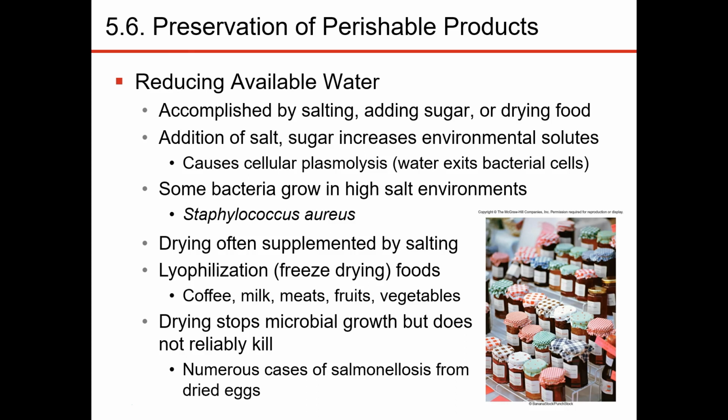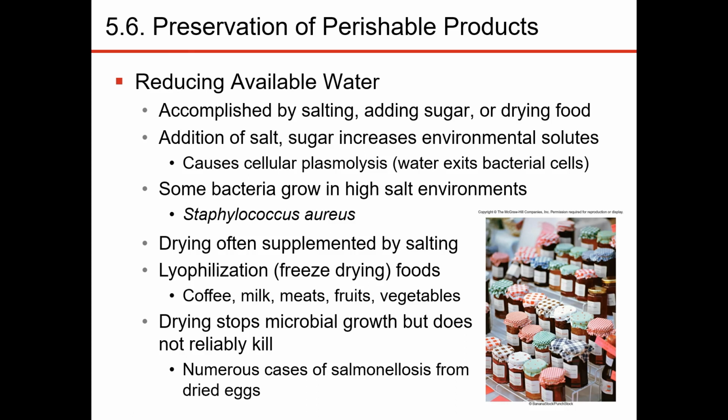Lyophilization is the fancy term for freeze drying, and so you'll see that down there on the 5th bullet. And so it's just a term to keep yourself familiar with. So you go buy a package of coffee that's already been ground up. Well, the coffee has actually also been lyophilized to pull out any sort of water to keep it from spoiling. We can also get milk that has been powdered milk, fruits and vegetables that have been dehydrated or lyophilized for storage.